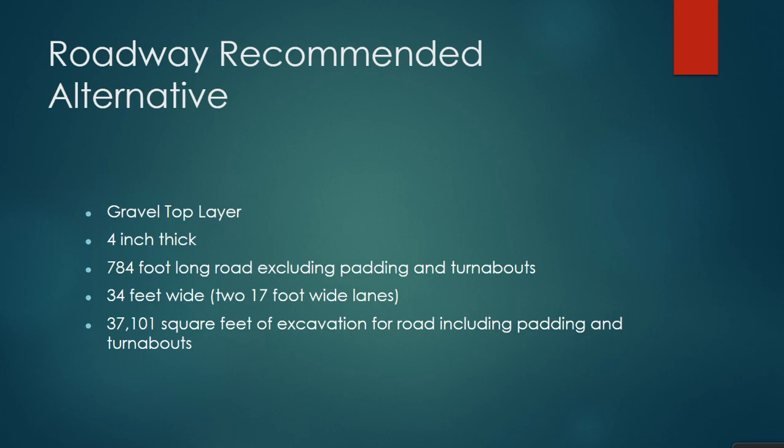We're going to have 2 lanes, two 17-foot wide lanes for the roads, and each individual pad is going to be, like I said, 20 by 40 feet. And each of the turning radiuses is 45 feet, and that is due to regulations for the RV park.